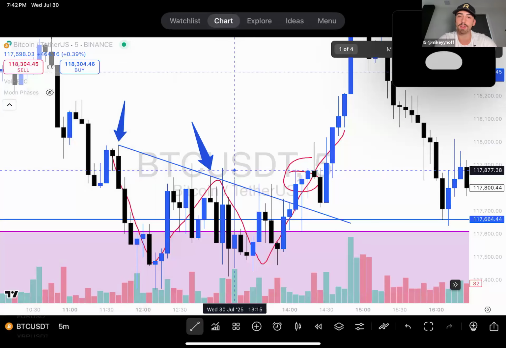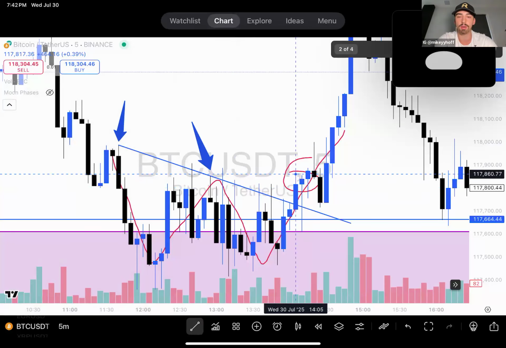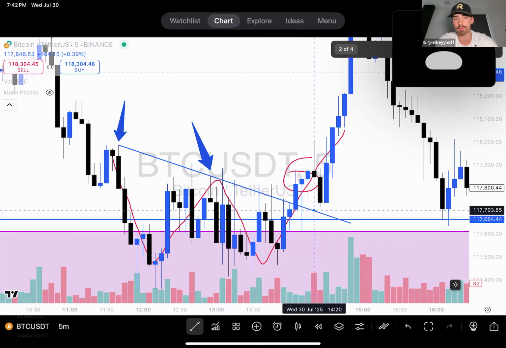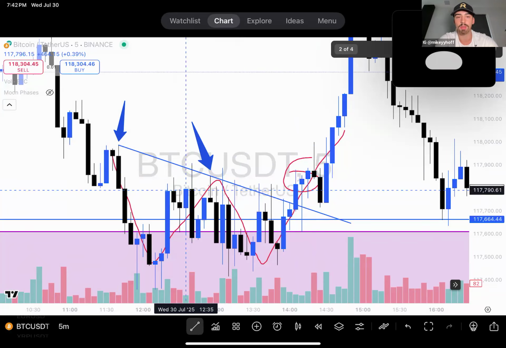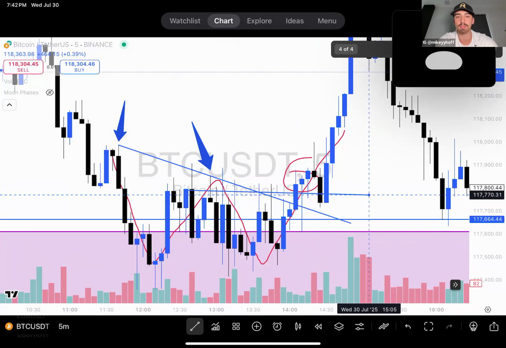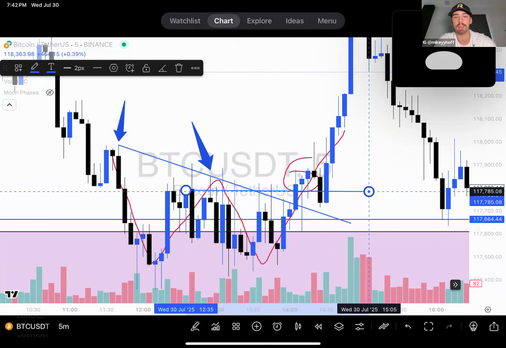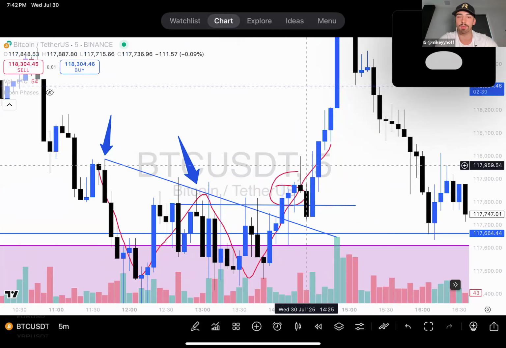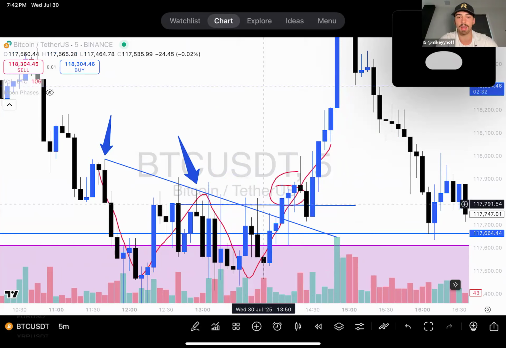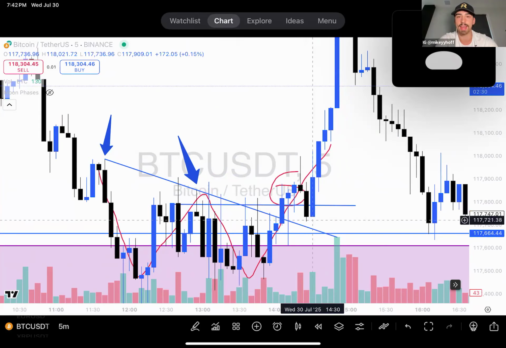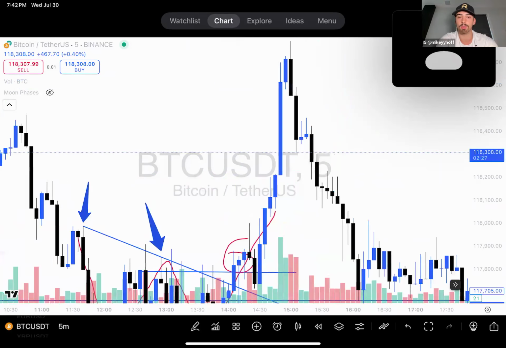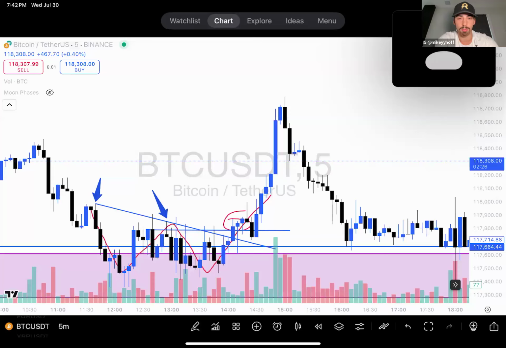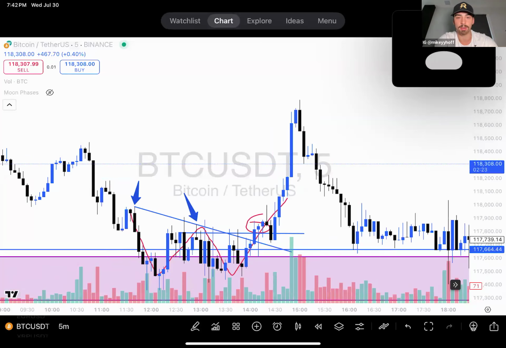If you miss the first entry on the candle open and close above the counter trend line, you can wait for the market to react back at this level and then take a re-entry on this chart. In this case, you can see the market moved higher, then it came lower, retested this area again, the break of that counter trend line, and then Bitcoin went for over 1,000 pips in profit from that trade.